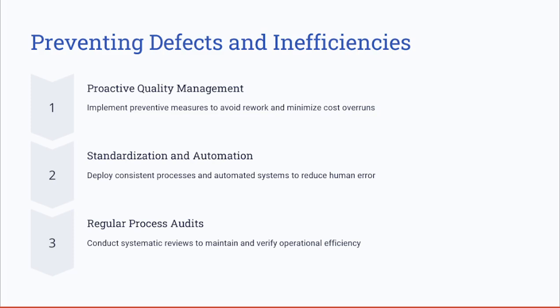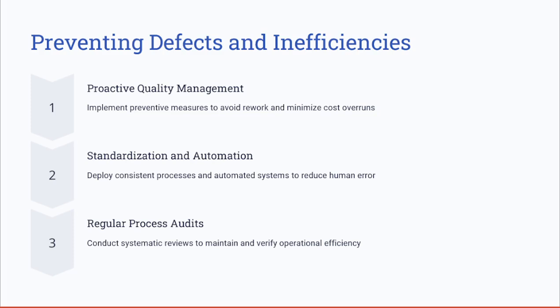Proactive quality management techniques include standardizing processes, using automation, and conducting frequent audits. It will help you prevent these defects and solve these inefficiencies. Preventing defects and inefficiencies is all about proactive quality management to prevent rework and cost overruns.